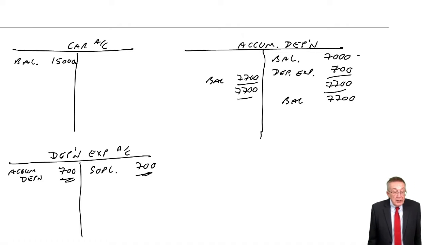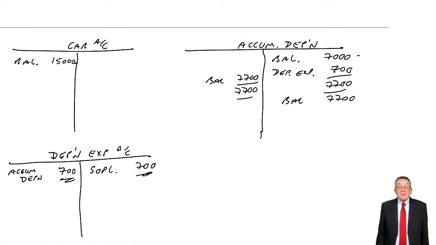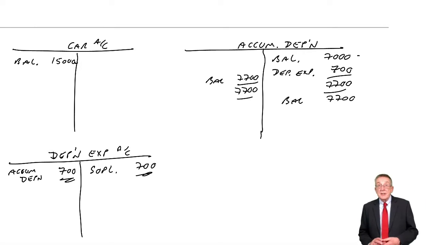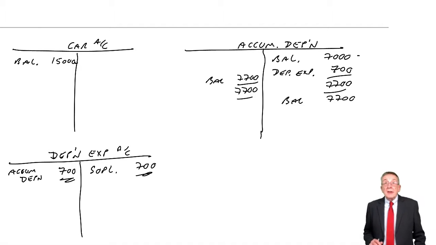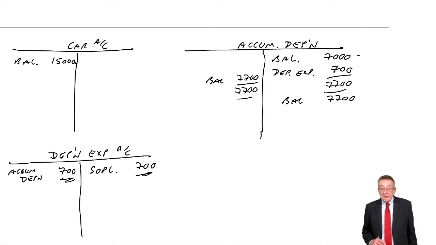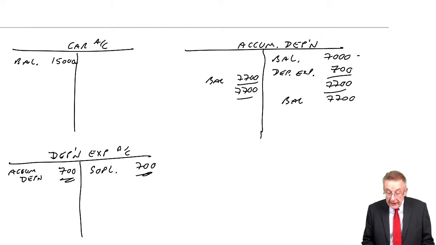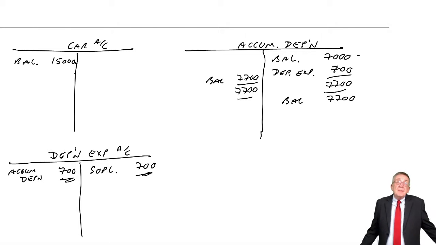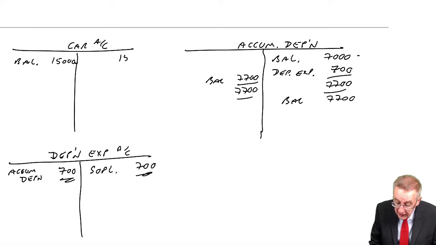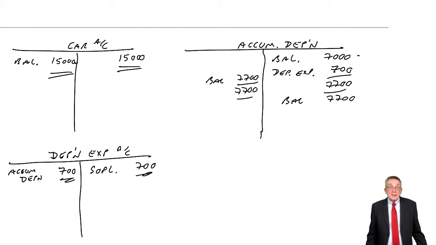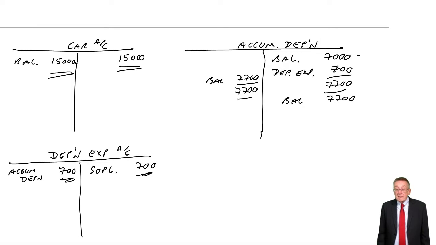However, now we've come to September. How are we going to deal with the sale? Well, watch me carefully. There are 3 entries we're going to make. First of all, the car is going to disappear. And so, obviously, if the car's disappearing, that 15,000 we no longer want. And so we remove that 15,000. We credit the car account with 15. And the balance is 0, the car's gone.